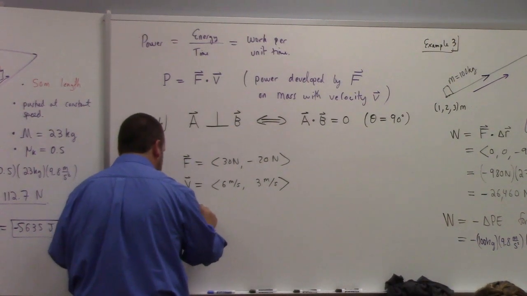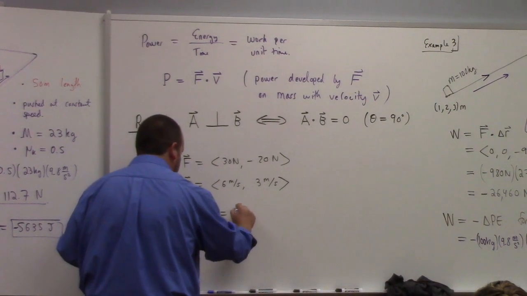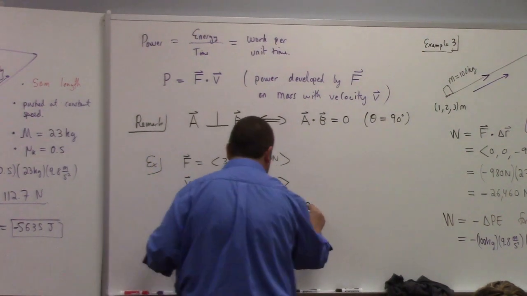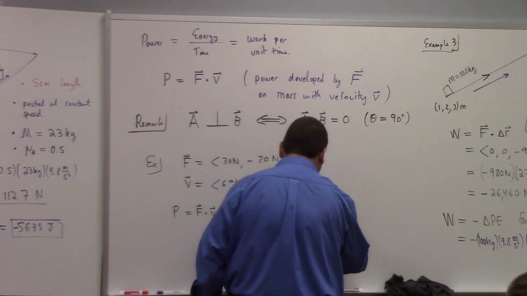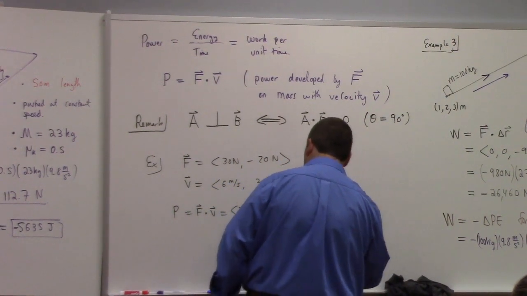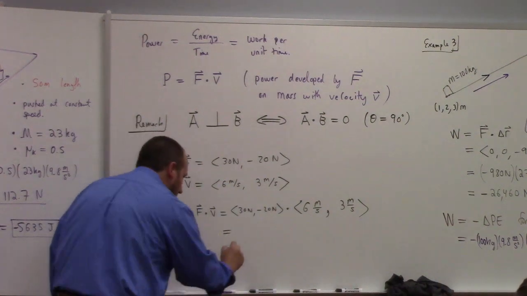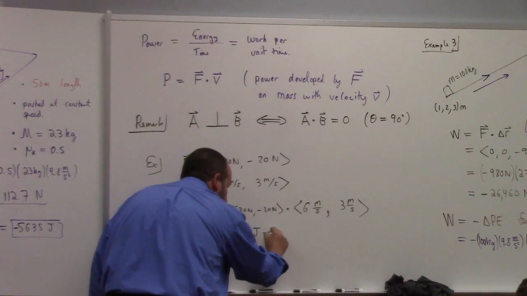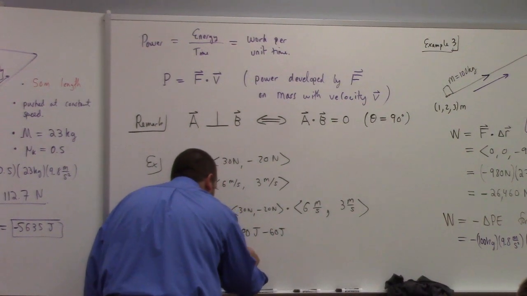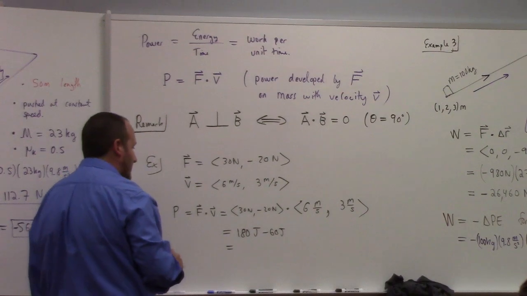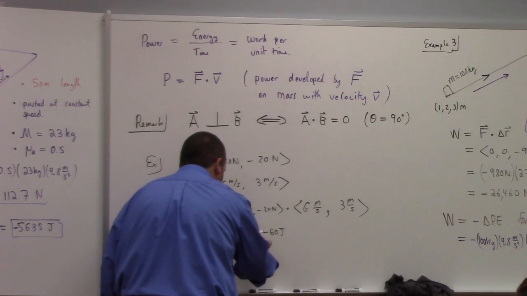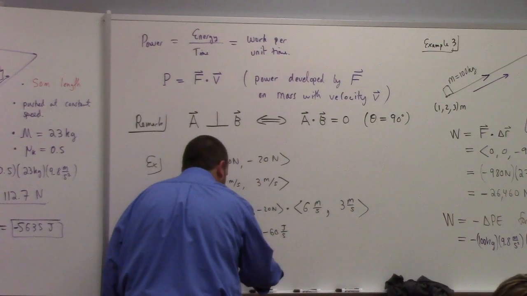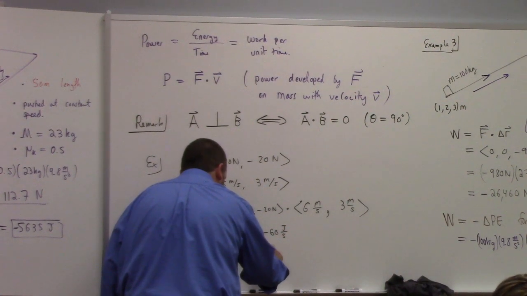The power is just the force dot the velocity, which would be 30 newtons, minus 20 newtons dot product with 6 meters per second, 3 meters per second, which would be 180 joules minus 60 joules. So the power, oh, joules, no. What is the power? Unit of power is a joule per second, isn't it? Energy per time, joule per second. So we got 120 joules per second.